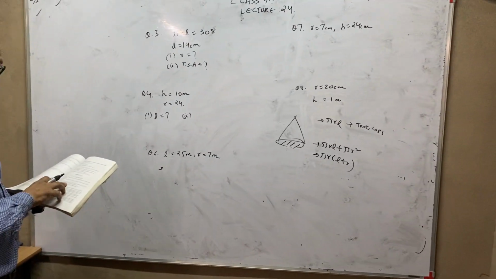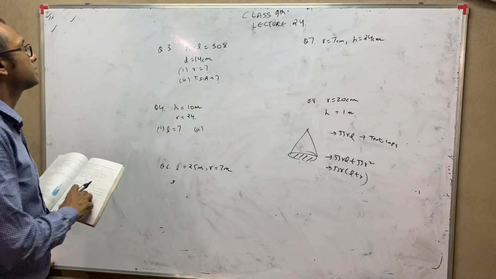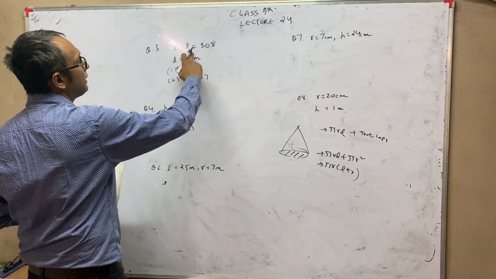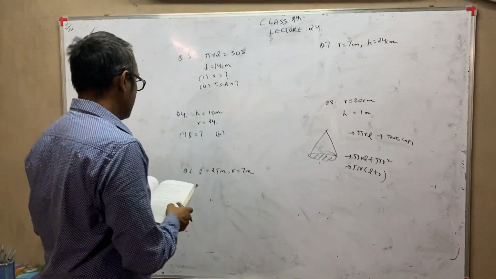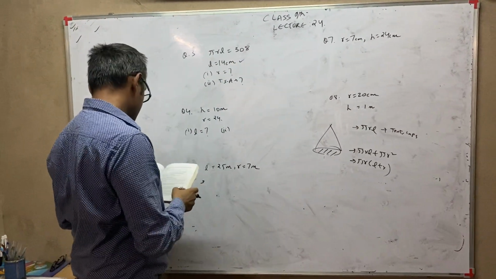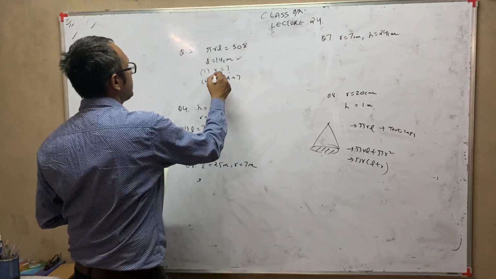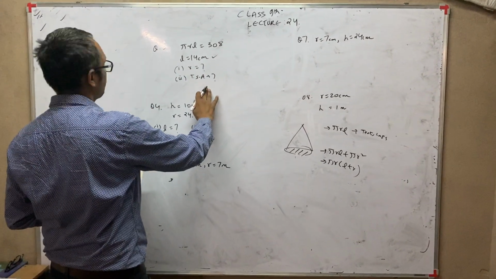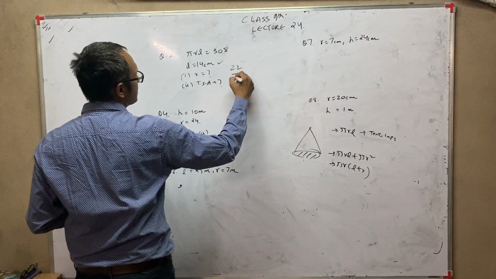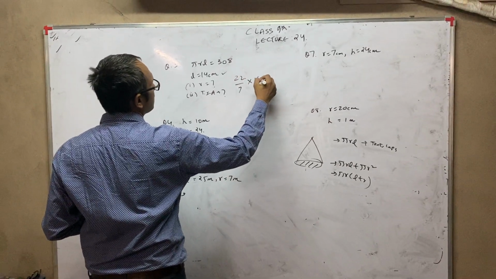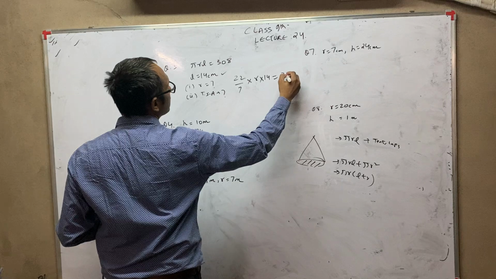The curved surface area of a cone is 308 centimeter square. So this value pi r l equal to 308 they have given. Then slant height is given, and they have asked you to find the radius and then the total surface area. So it is a very simple sum, as you know. I'm just doing this one step because I find some children make a mistake in taking things here and there.